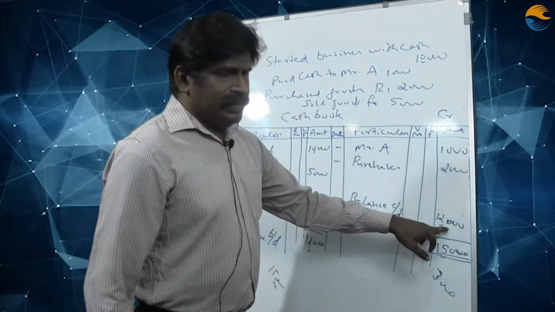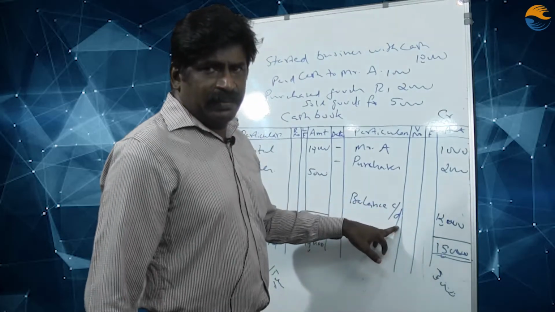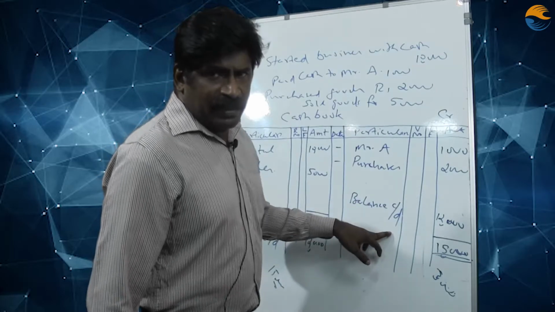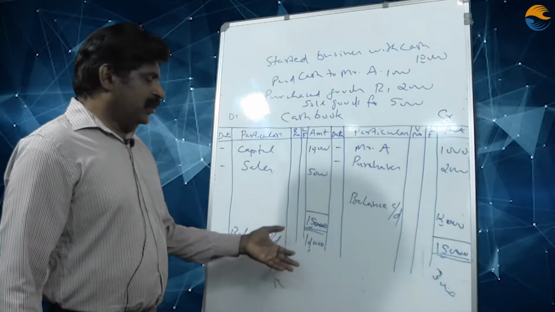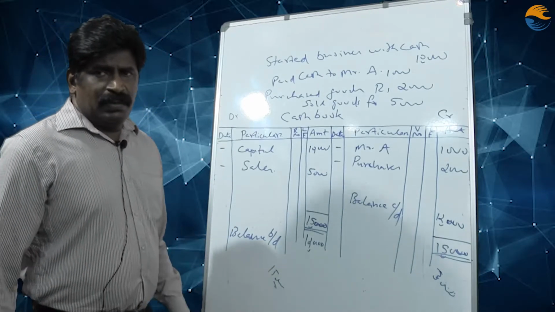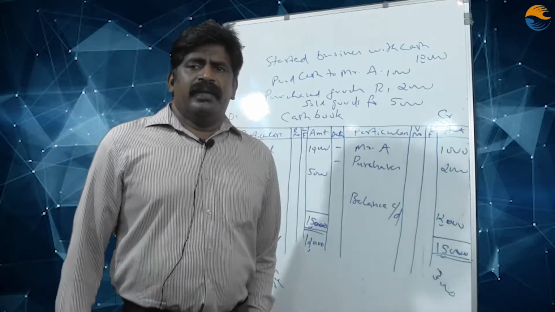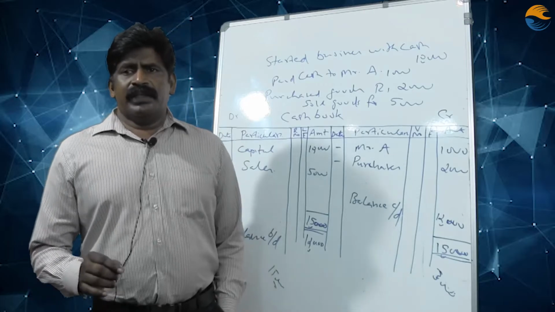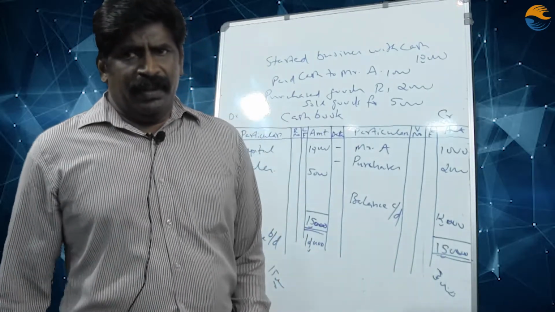It is shown here 12,000 as balance carried down. After writing this balance carried down, we have to bring it down to the opposite side as balance brought down. So it is a process of balancing the cash book.